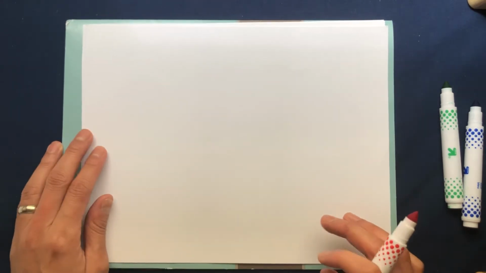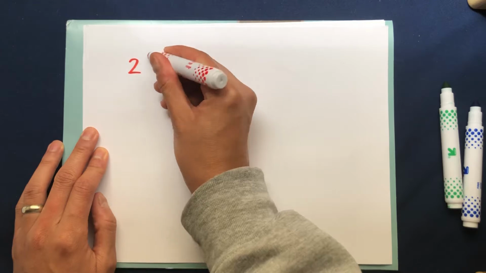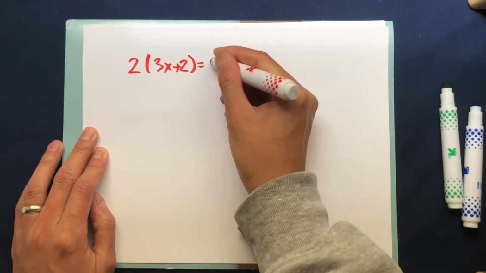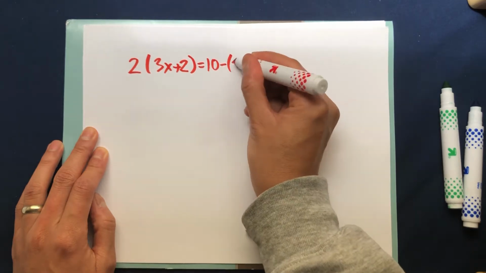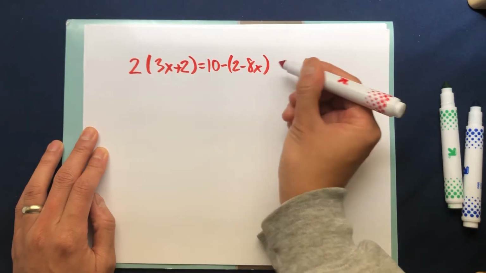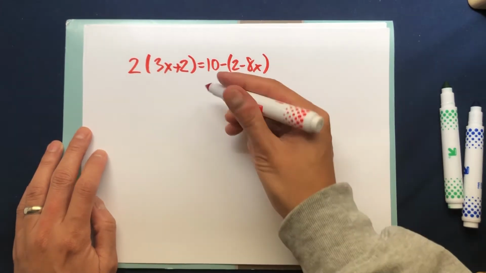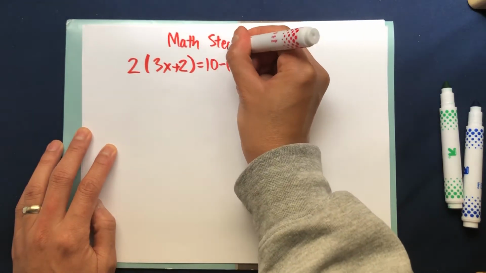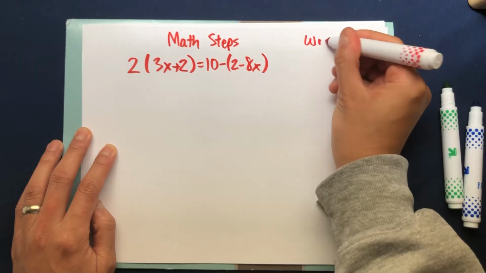So the example that we're going to do is level 3. 2 times the quantity of 3x plus 2 equals 10 minus the quantity of 2 minus 8x. We're going to have the math steps on the left-hand side, and we're going to have the written steps on the right-hand side.